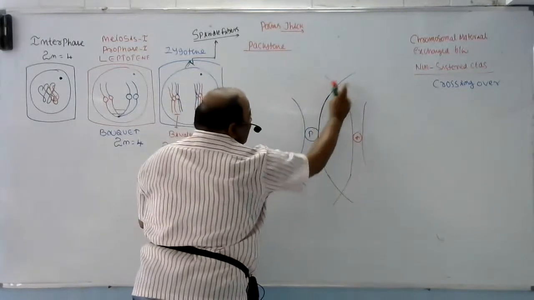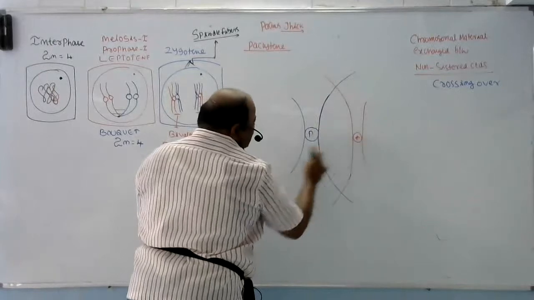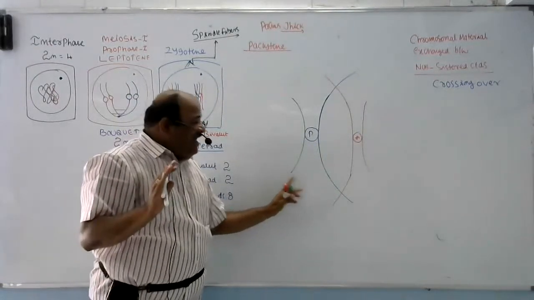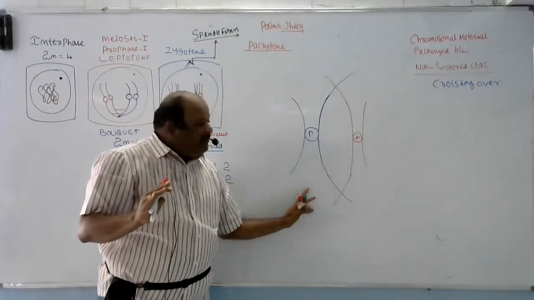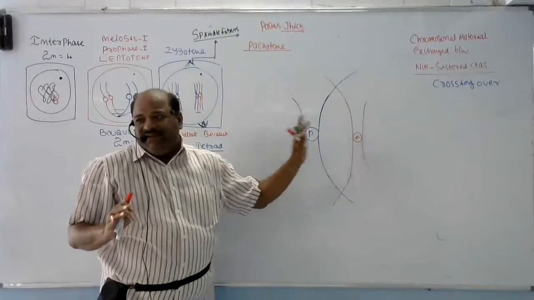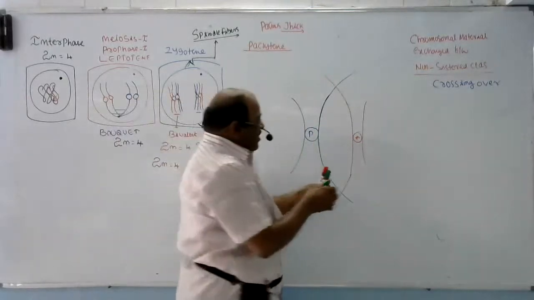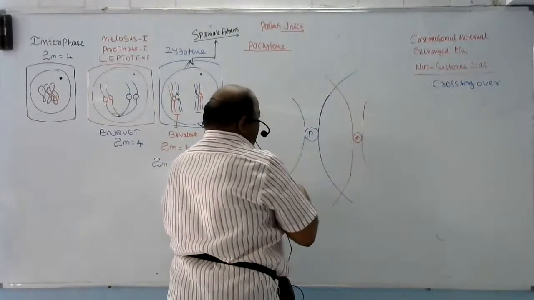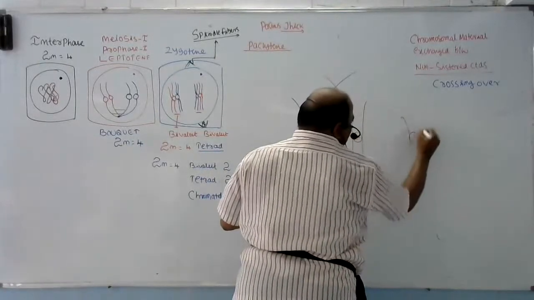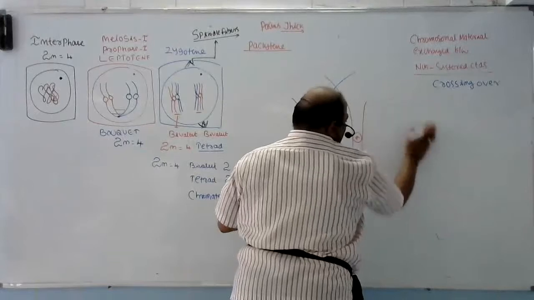So here, these two are not involved. Look here, they are also non-sister chromatids. But whichever is very near will be exchanged. Observe the diagram. Okay, look here. This is the chromatid.